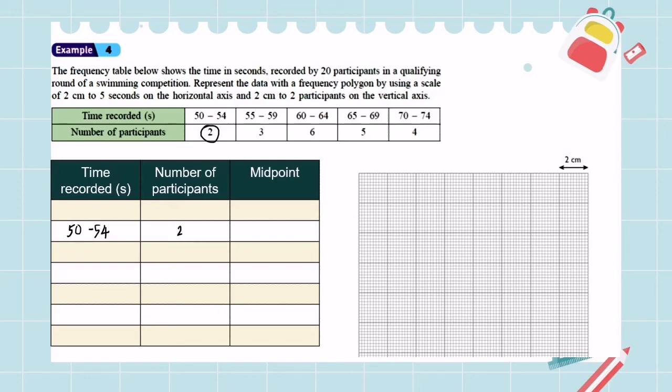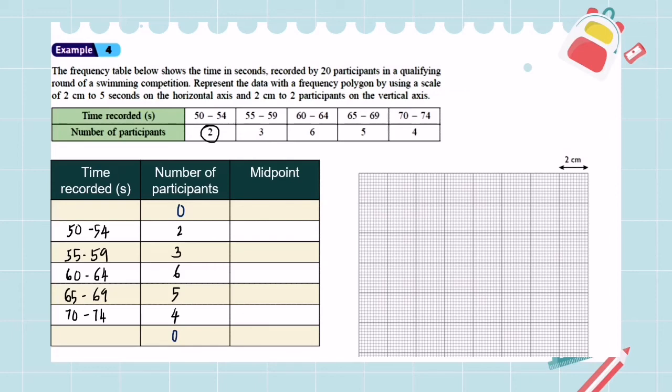I fill in first. 55 to 59, 3. 60 to 64, 6. 65 to 69, 5. 70 to 74 is 4. Okay, so the additional class interval here, the frequency is 0, and the last row also 0.